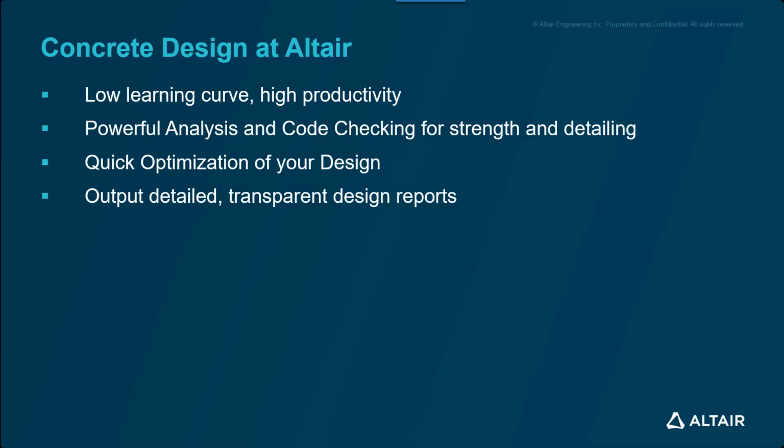It's saying, okay, these are your intermediate values. This is the detailing checks that you might have missed. So maybe your bar spacing isn't adequate, despite the fact that you have enough strength in the section. It will report all that to you to allow you, the engineer, to make more informed decisions and spend less time trusting the software and more time trusting your engineering judgment.